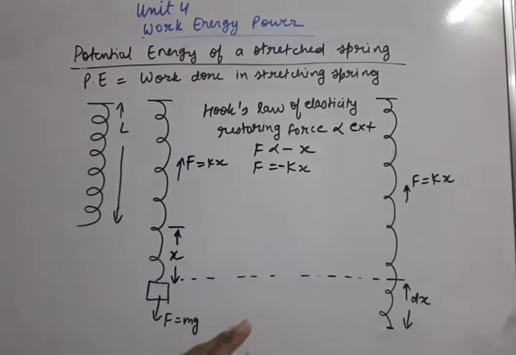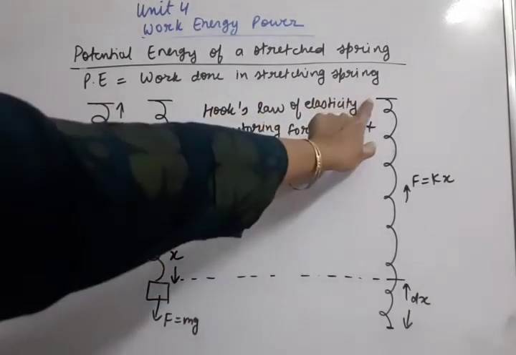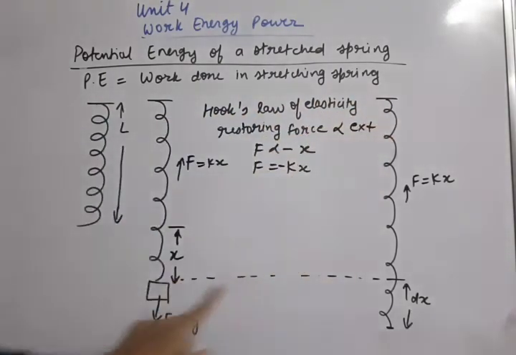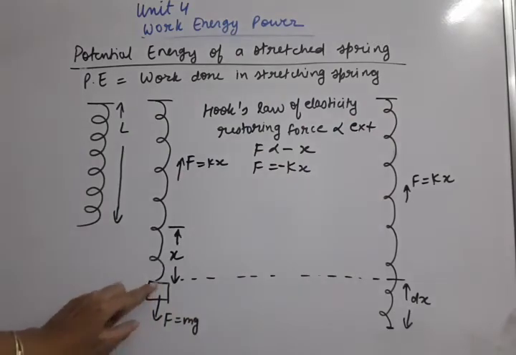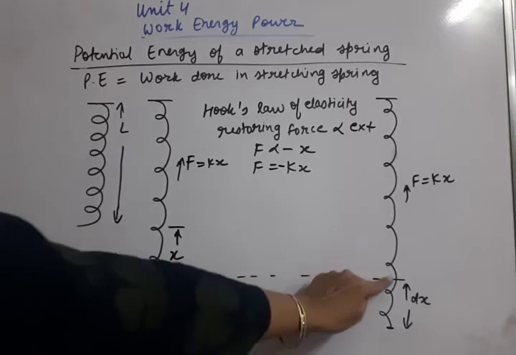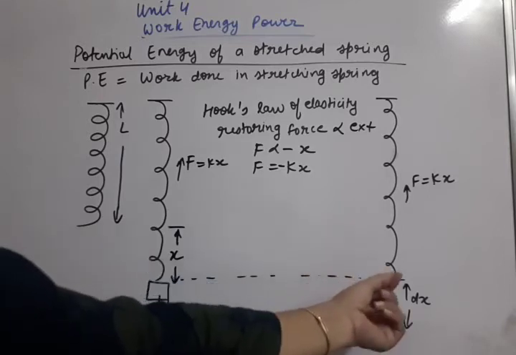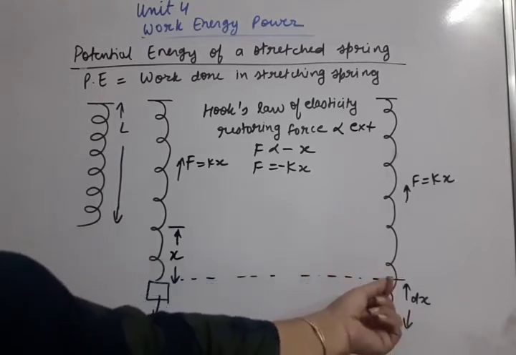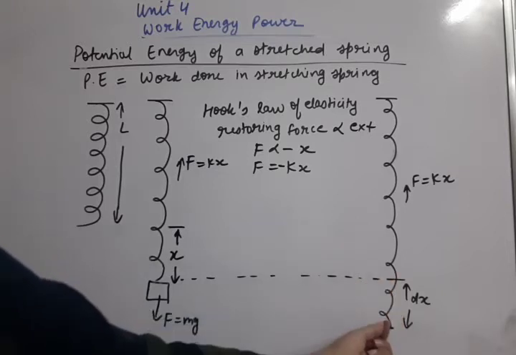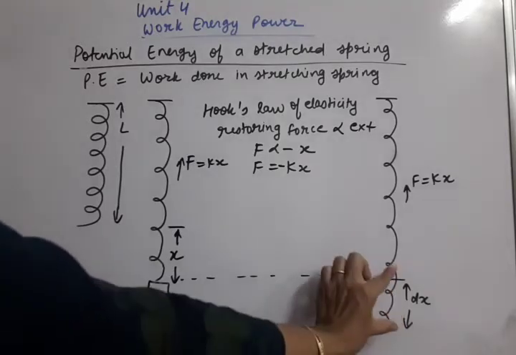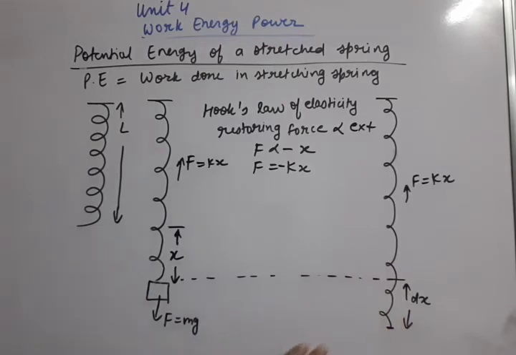The level of the support should be the same. The spring, due to the load, was extended till this point. Now we have applied a small force to displace it further down, so a small displacement dx is shown.